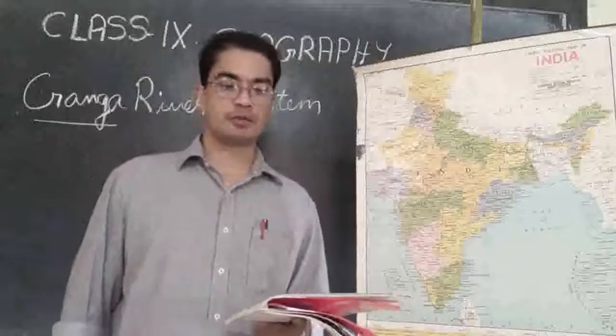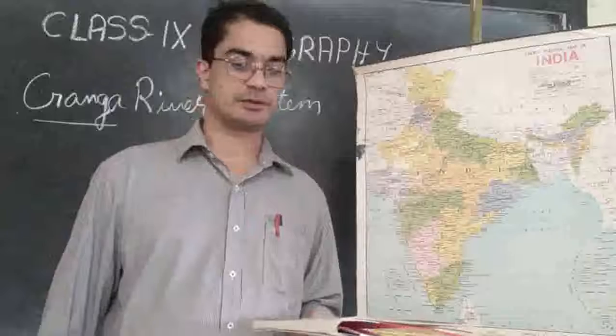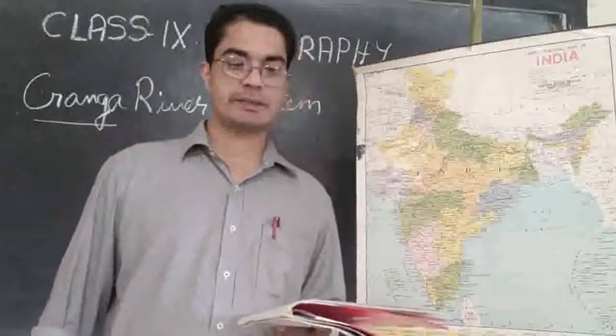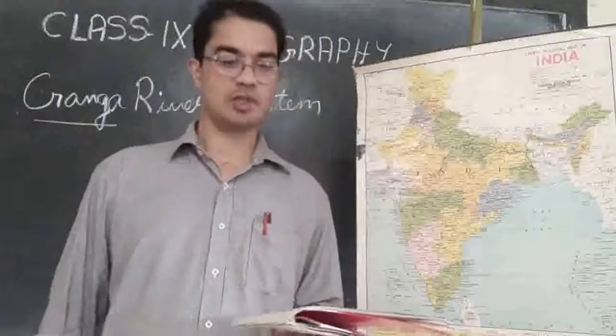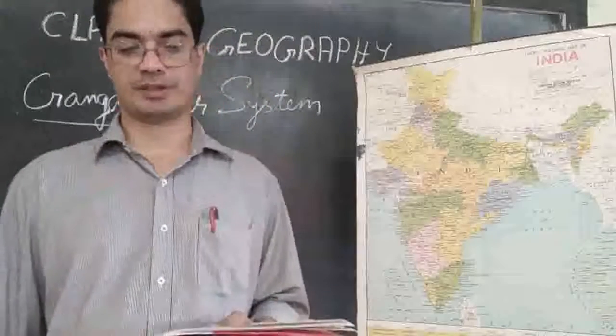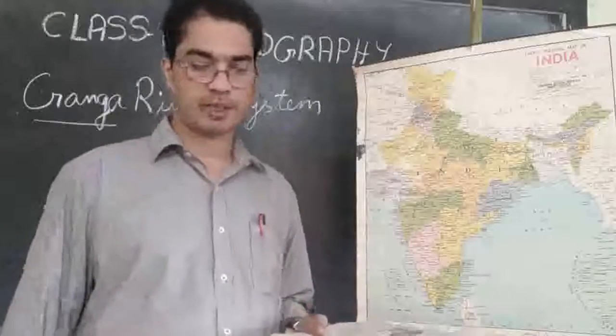Then the main tributaries which come from the peninsular uplands are the Chambal, the Betwa and the Son. So three other tributaries are coming from the peninsular uplands.